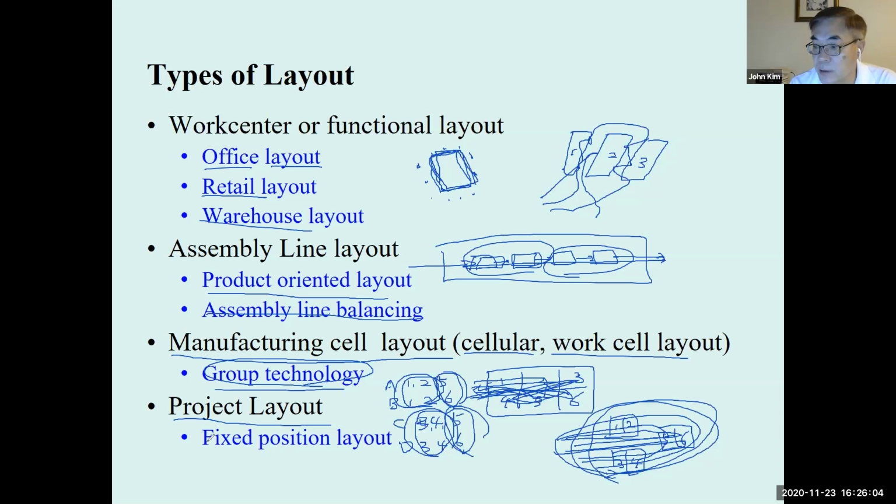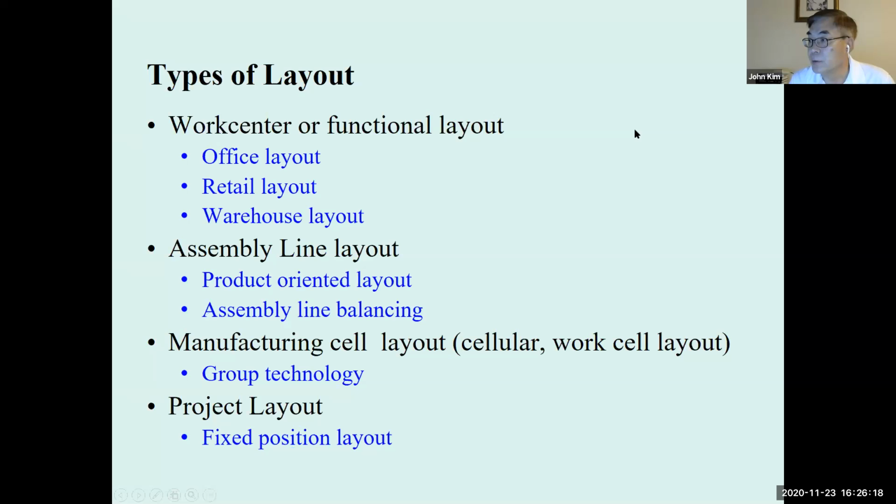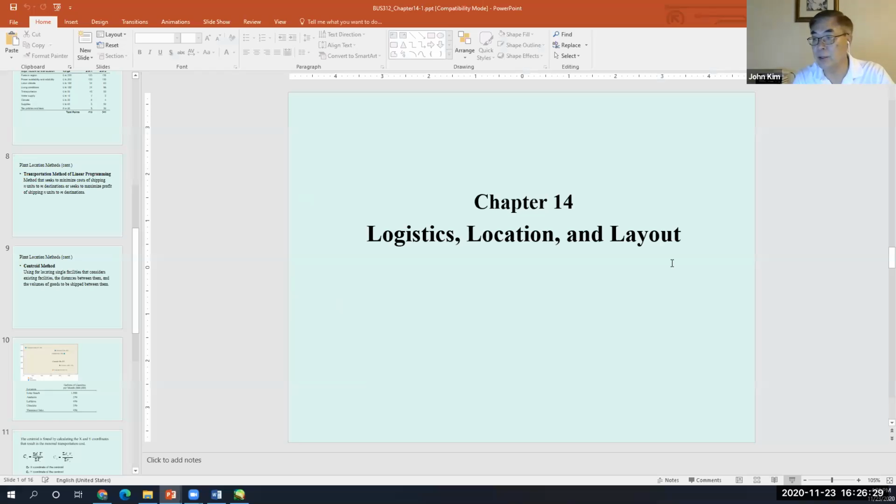So we call this fixed position layout. Okay, that's all. Today's lecture is quite short, but anyway, that's all.